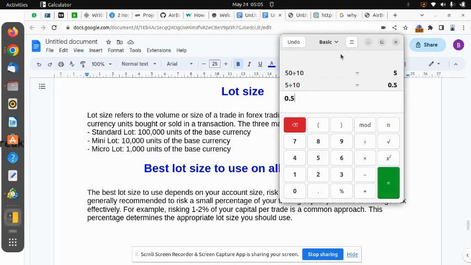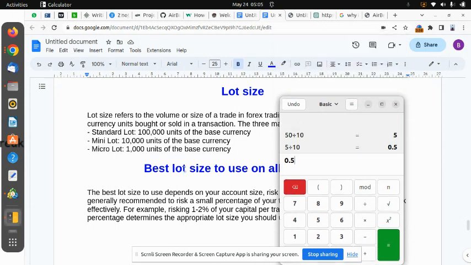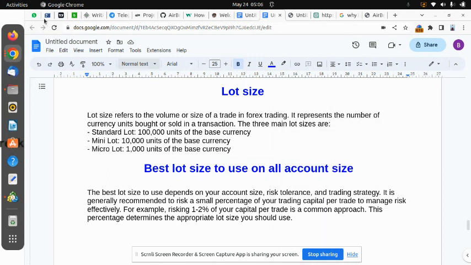So what you should be using for that account is 0.5 lot size. If you are using 0.5 lot size, you are actually using a mini lot size, and you're buying 50,000 units of the base currency. That's what you're buying if you use 0.5.